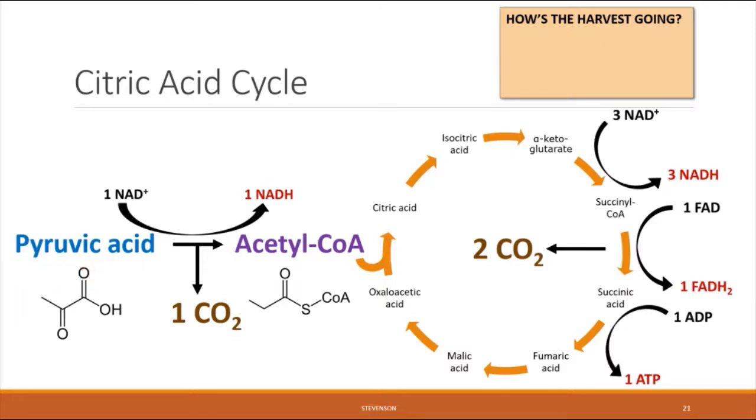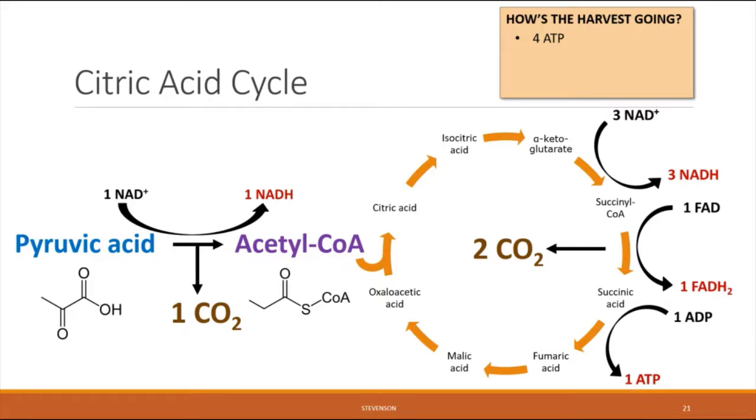Therefore, if we consider the total amount of energy that is harvested from the citric acid cycle, at this point, we have a running total of 4 ATP molecules. Remember, 2 of those came from glycolysis, and the other 2 would come from the citric acid cycle running twice, once for each pyruvic acid that emerges from glycolysis.